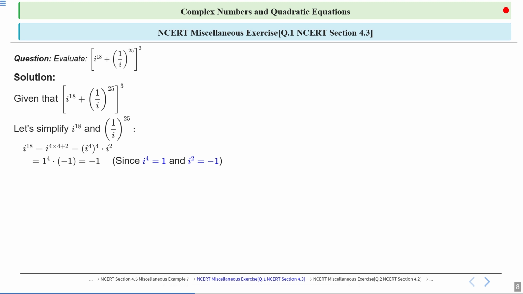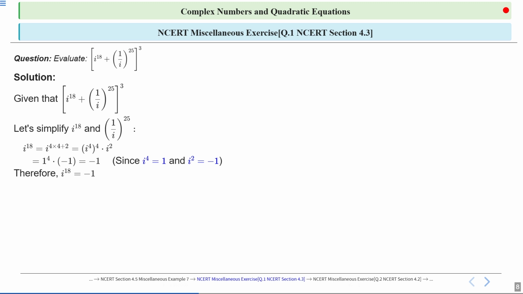Since iota to the power 4 is 1 and iota square is minus 1, multiplying these together we get 1 to the power 4 times minus 1 equals minus 1. That means iota to the power 18 equals minus 1. So here we simplified iota to the power 18 as minus 1.